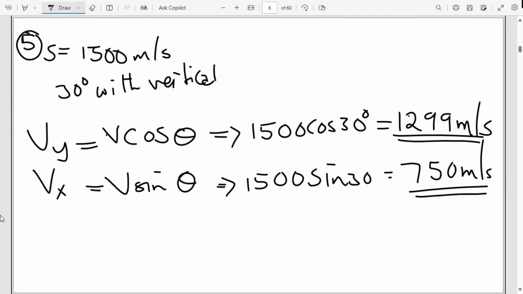And question B, he was telling us to explain how this is going to help in the formation of a 2D ultrasound image.